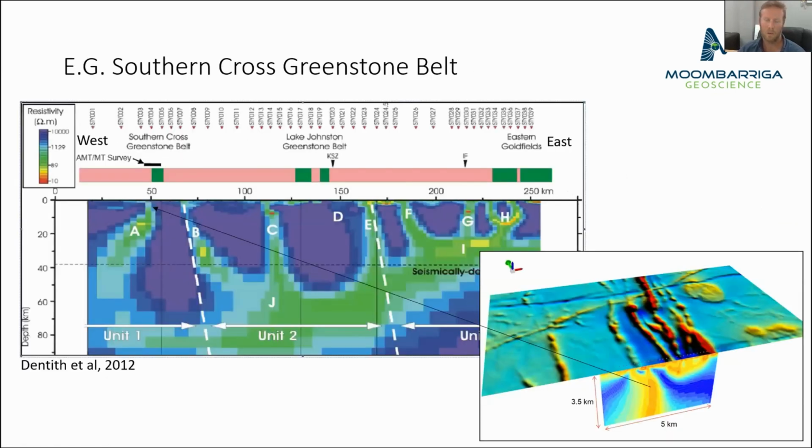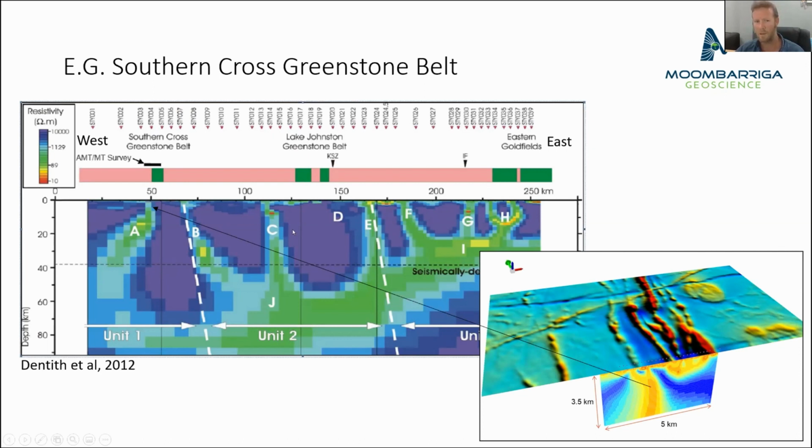Here's another one where we did a regional MT survey with Mike Dentith and others in Western Australia. This is a line between Hyden and Norseman, investigating different sort of greenstone belts. Is the regional model over on the left-hand side. What we wanted to do is follow up some of these linear features with a higher resolution survey just to see what we could do, what we could pull out of the data. So the regional survey was at 5 kilometre overnight MT sites.